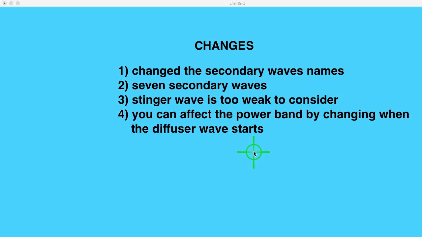And I realized that what I thought was a stinger wave was some of these other secondary waves happening past the same cycle. Like the wave comes back when the piston's totally closed, goes back to the baffle or to the diffuser, comes back again when the piston again is open. So the next cycle.